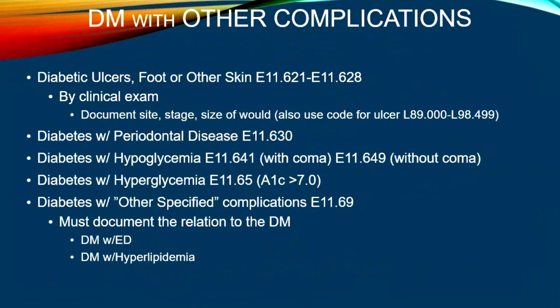Some other complications that we see out there are diabetes with periodontal disease, hypoglycemia, hyperglycemia, and then, of course, the dreaded diabetes with other specified complications. And typically we use that when the patient has ED or some type of cholesterol issues. However, when the description says other specified, you have to document the relationship between them.